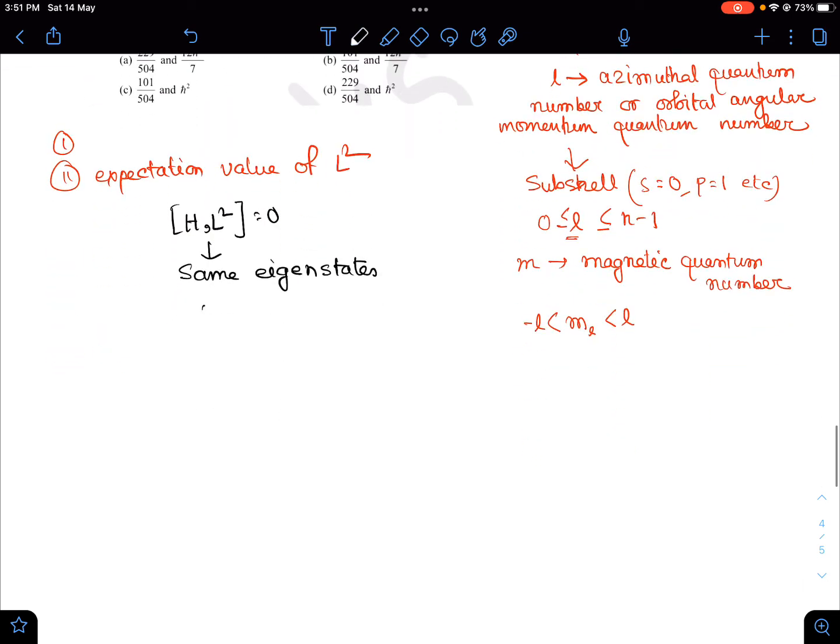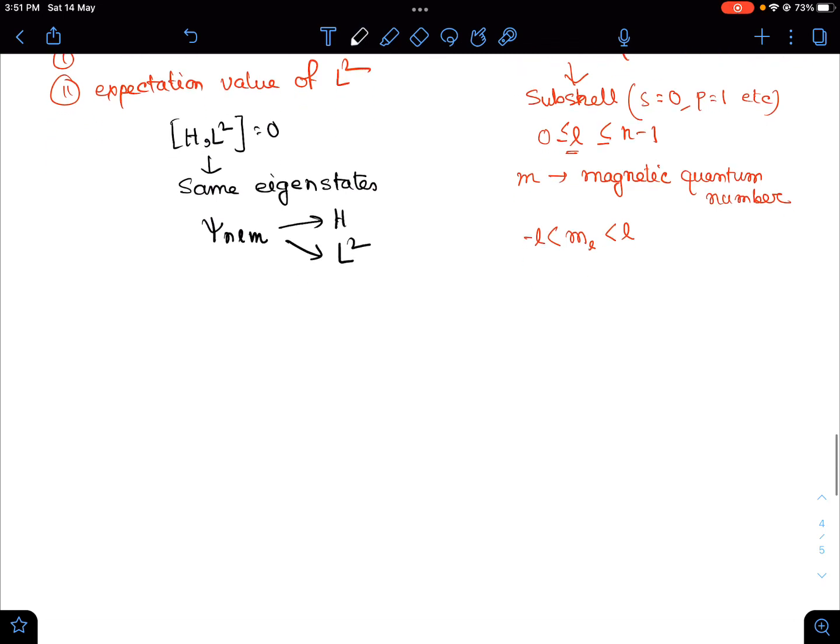So this psi nlm is an eigenstate of H, and also an eigenstate of L square. So what is the eigenvalue for H? It will be E0 by n squared times psi nlm. What is E0? E0 is the ground state energy of the hydrogen atom.